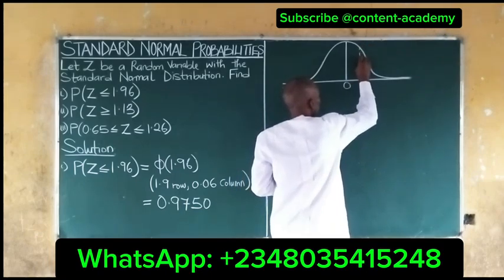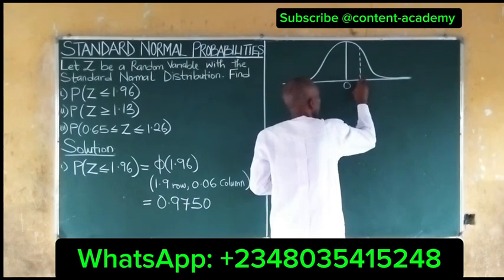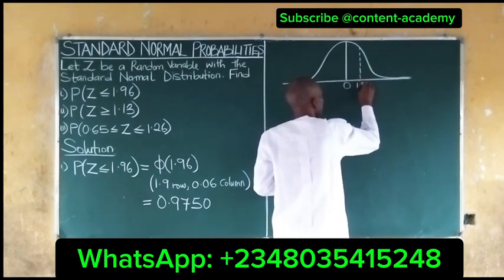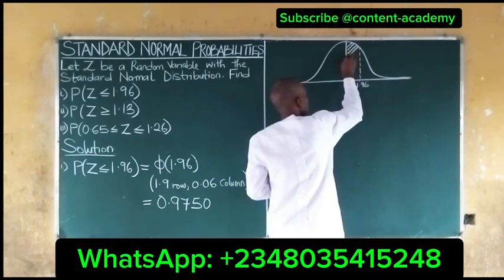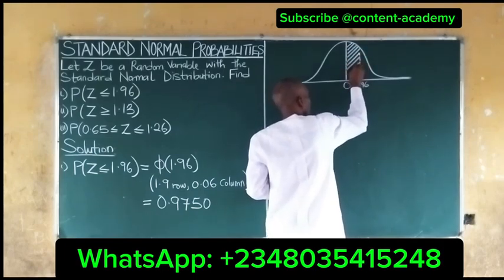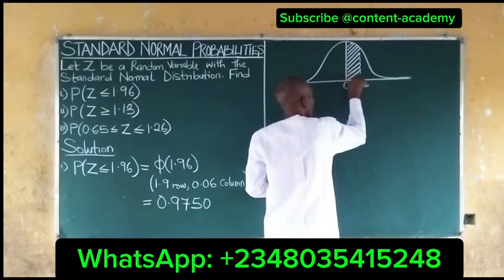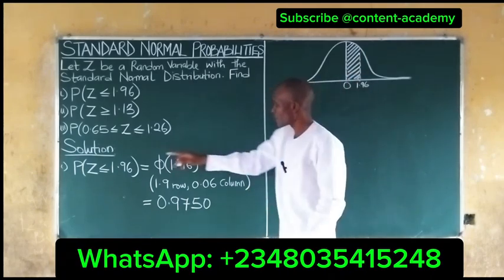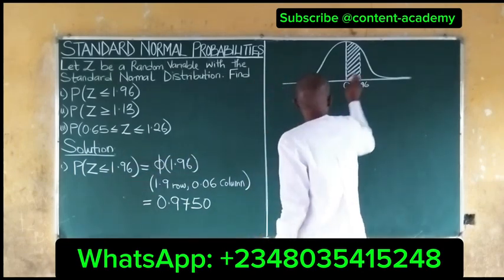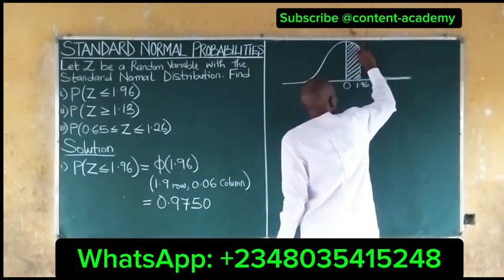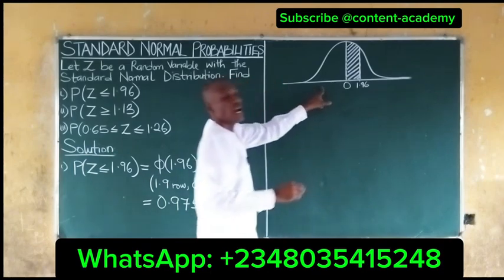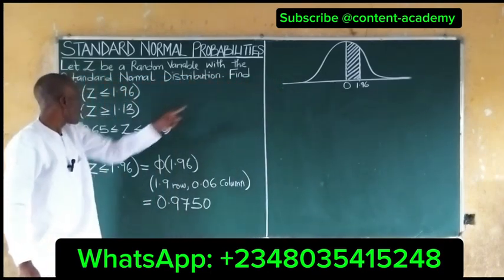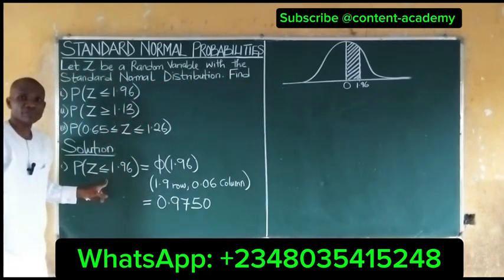So we'll have to draw a line and write 1.96. All we need to do is to shade. Because of the less than or equal to sign, we'll shade to this point. So this is simply how we can compute our standard normal curve for the given question.